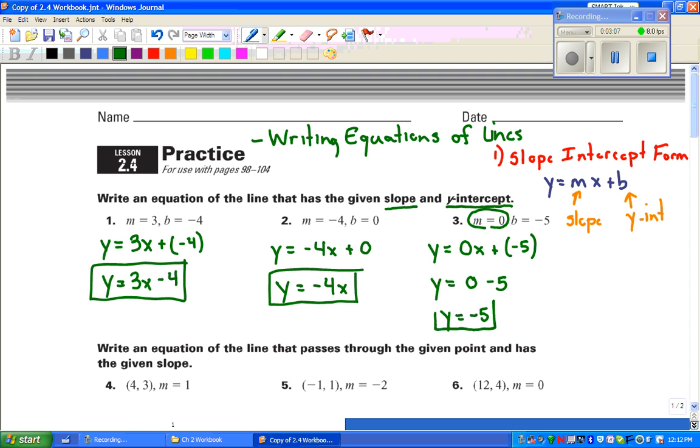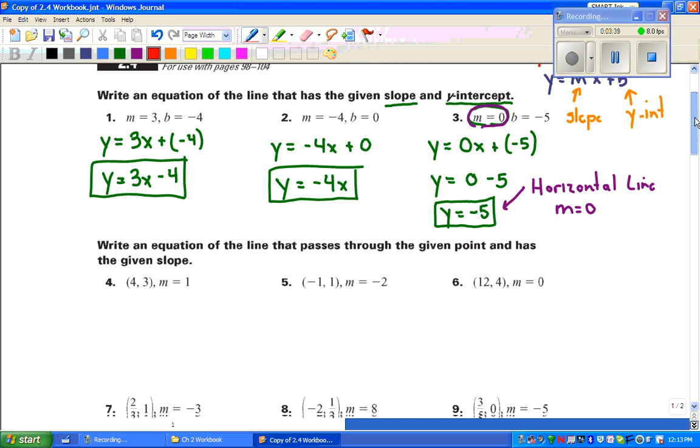Now this one should look familiar, because when we talk about graphing vertical lines and horizontal lines, we know that this one is going to cross my y-axis at -5. So we're going to have a horizontal line for this one. And another way we know that is because, for horizontal lines, our slope is equal to 0. That right there, guys, is using the slope-intercept form.